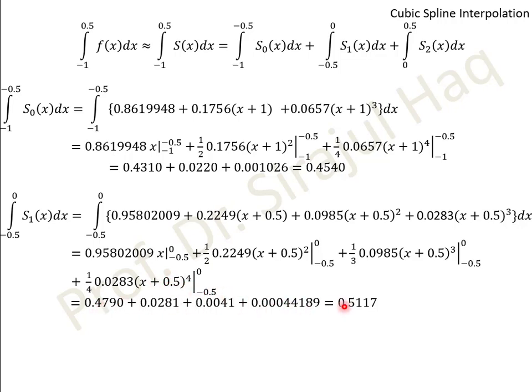And if you do the addition, this is the final value. So you can see that between x is equal to minus 0.5 and x is equal to 0 under the curve S1 of x, the area is given by this expression. Similarly, let's find out the last one.